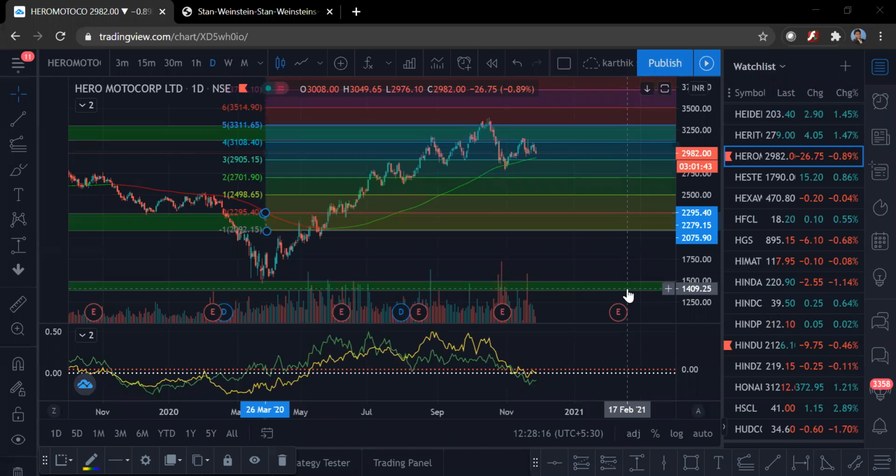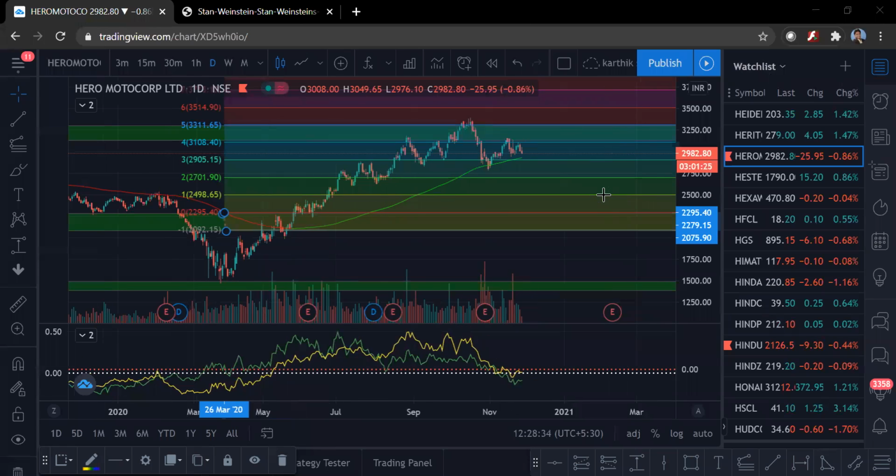One more important thing that I wanted to share with you guys: in stock market, try to keep things as simple as possible. The simpler the better, because just remember this: when you enter a trade, only two things are going to happen. The stock is either going to go in your direction or go against your direction. That's it, not more than that.